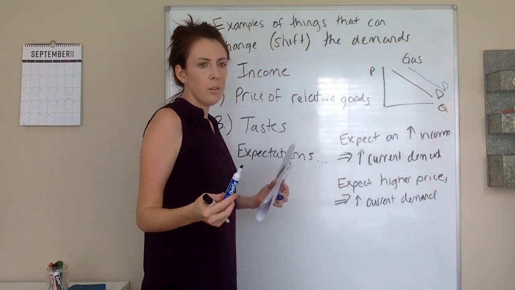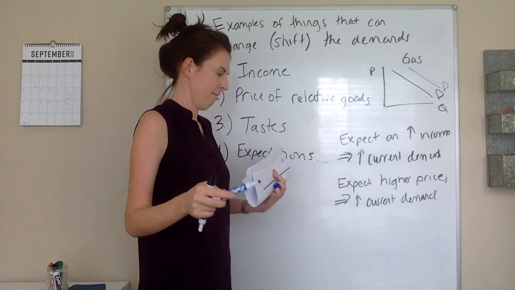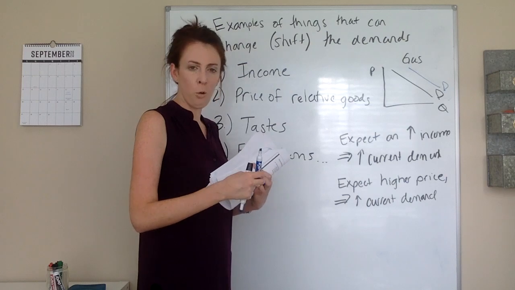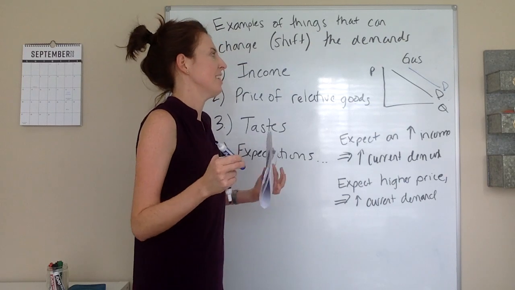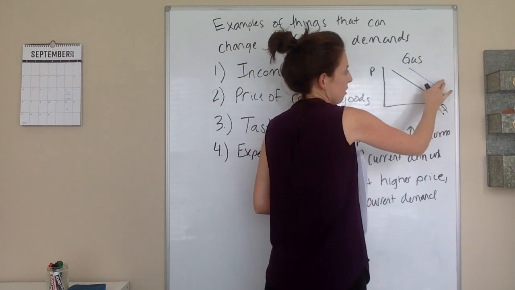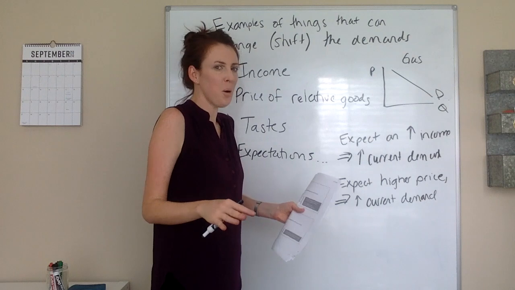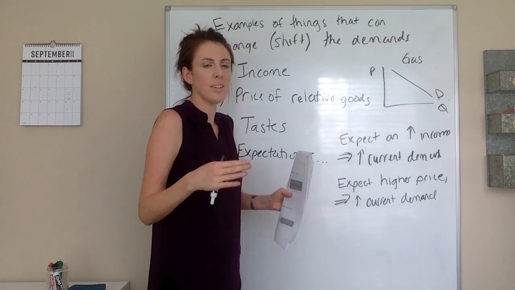Somehow, if you know that tomorrow the price of gasoline is going to be really cheap, like maybe, I don't know, they're going to find oil somewhere and instantaneously the price of gas is going to fall. Well, then if you expect that the price of gas is going to be like 50 cents per gallon tomorrow, then what do you do today? You definitely don't buy gas today. You hold off and you wait until tomorrow.